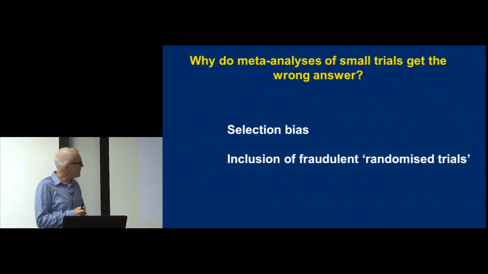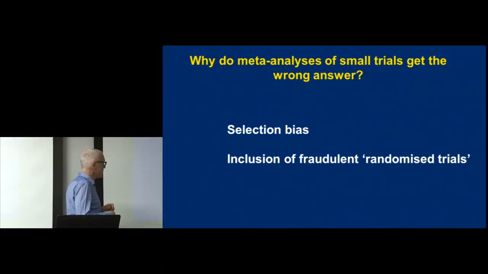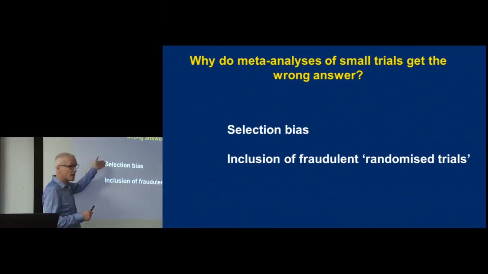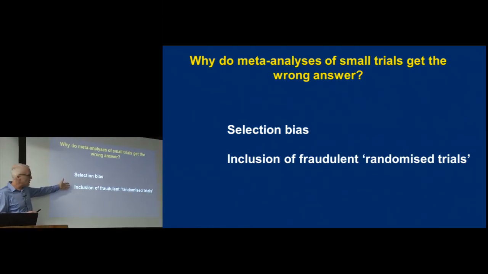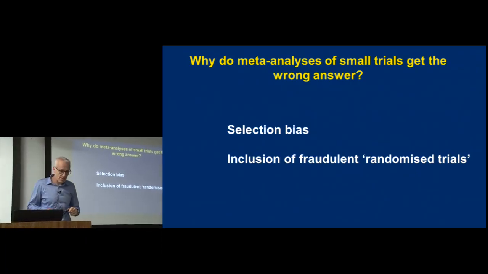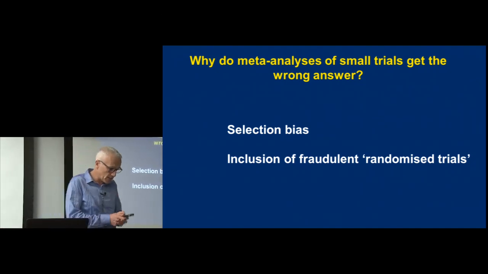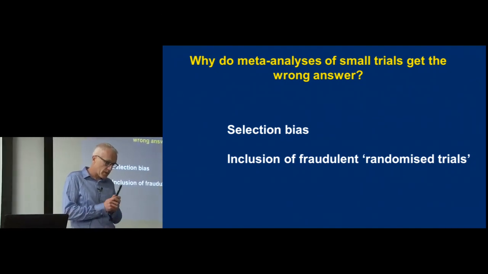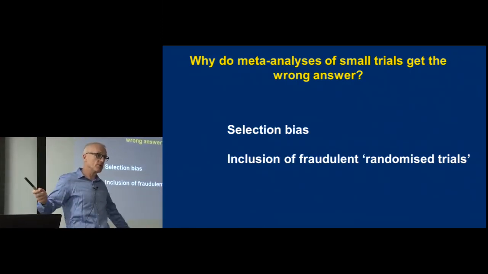So why do meta-analyses of small trials often get the wrong answer? I think the most likely reason is selection bias and the inclusion of fraudulent randomized trials. I think that single-center trials that are done in a single hospital are more likely to be fraudulent than multi-center randomized trials.